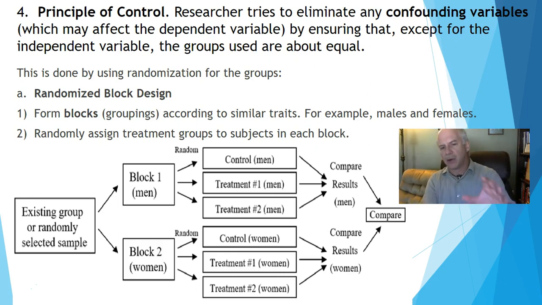And then afterwards, you bring them all together and compare the results for the men and compare the results for the women. And then you also compare the results of men versus the women. Did the men achieve better results with this drug than the women, or vice versa? And so that way you can tell more from your experiment.